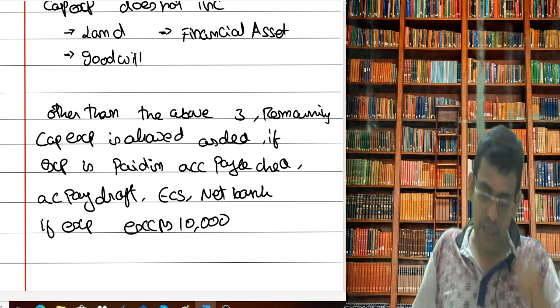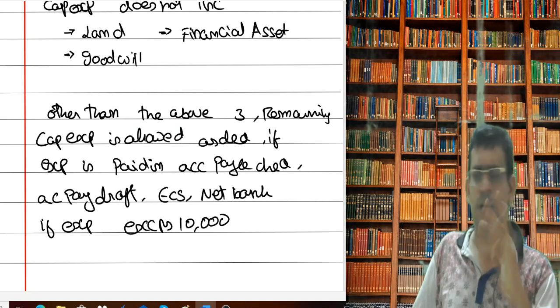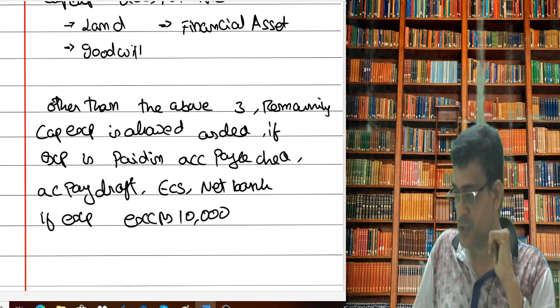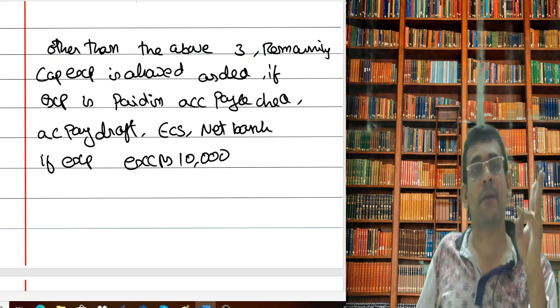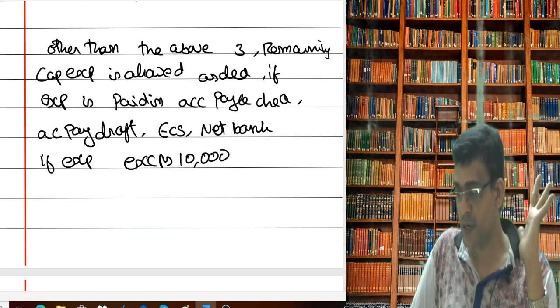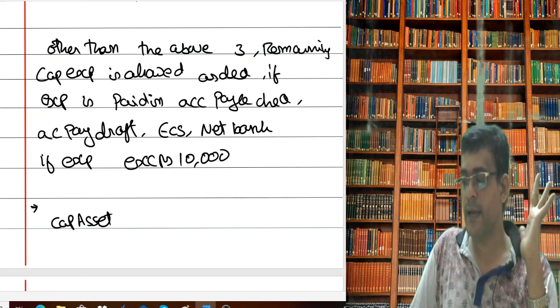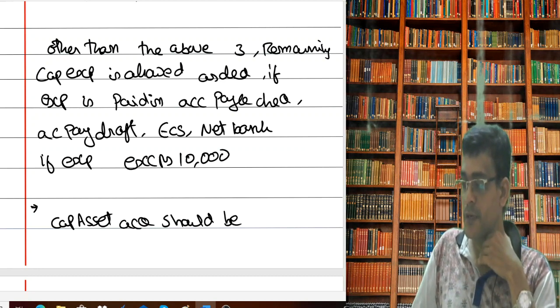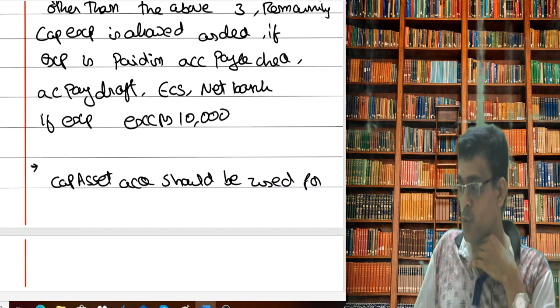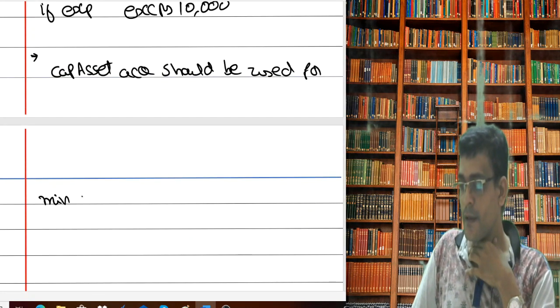Now, the next condition. Whatever asset you are purchasing, you are taking that as deduction 100%. The next condition says that any sort of capital asset acquired should be used for a minimum period of 8 years.